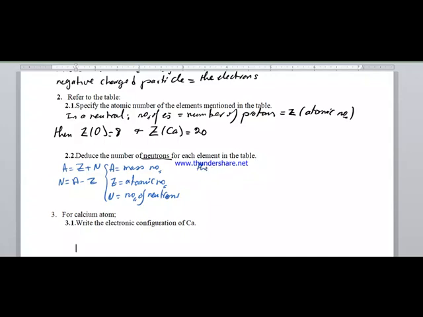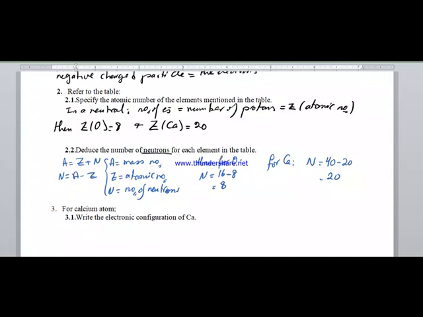Then for oxygen, N equals 16 minus 8, which is equal to 8. For calcium, N equals 40, the mass number, minus 20, the atomic number, which is equal to 20.